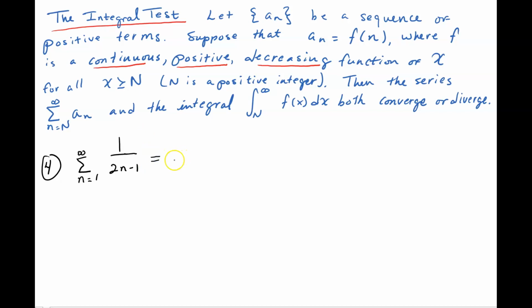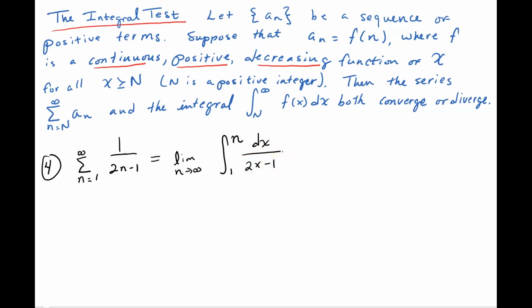The first thing I notice is this is going from 1 to infinity, so I'm already thinking, okay, improper integral here. So let me just take this limit as n goes to infinity, and I'm going to integrate from 1 to little n, dx over, in this case, 2x minus 1.